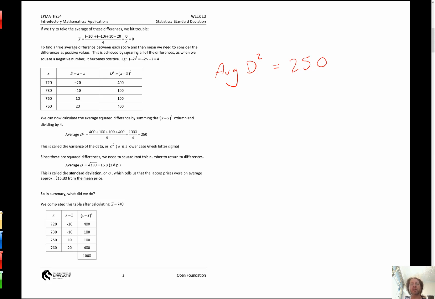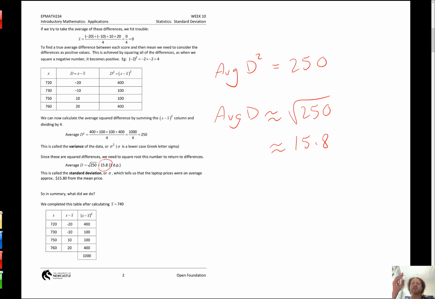So how do I undo a squared? Square root. So if the average d squared is that, then we can say approximately the average d is going to be the square root of that. And as you see down here, the square root of 250 is about 15.8. So on the previous page I said, look, the standard deviation was about 15. Wasn't lying. 15.8 is about 15.